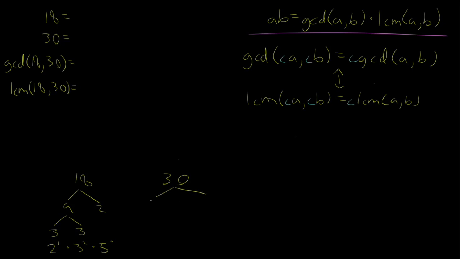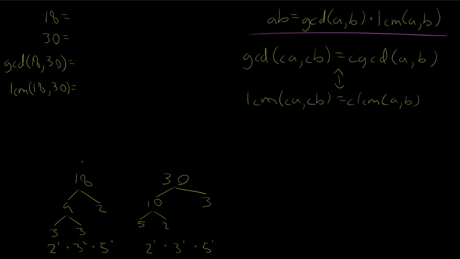The prime factorization of 30 is going to be 10 and 3. 10 splits into 5 and 2. So we have the prime factorization of 30 as 2 to the first times 3 to the first times 5 to the first. You're starting to see why I left the 5 to the 0 here. It's more just as a visualization.